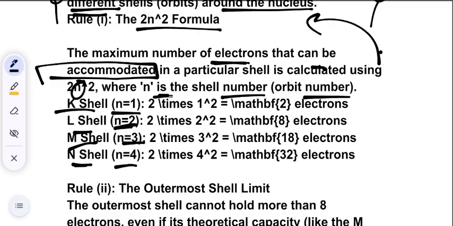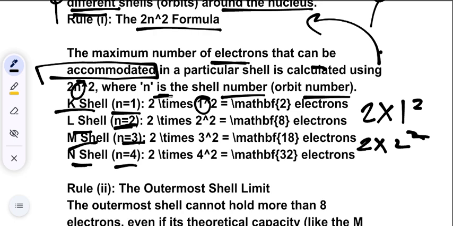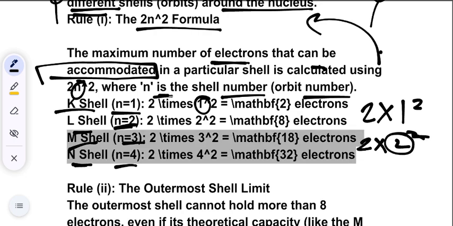So if you need to find the maximum number of electrons that can be accommodated in the K shell, it will be 2 times n square. Here the value of n is 1, so 1 square. For the L shell it will be 2 times 2 square, where n is 2.